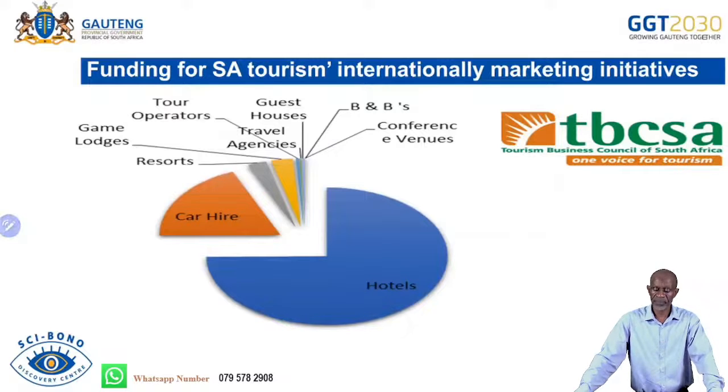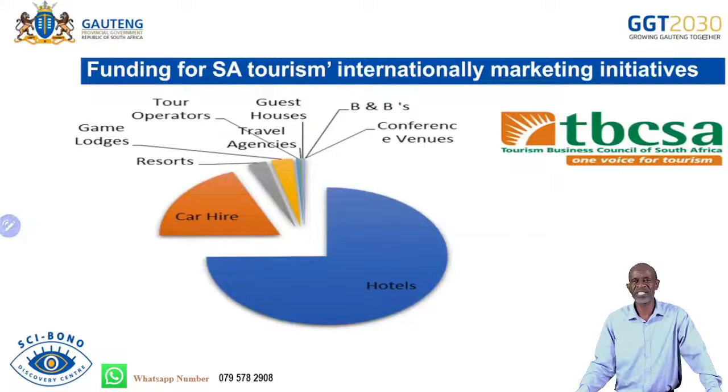And this is the contribution that we get from TBCSA. As you can see from the pie graph, hotel accommodation contributes drastically to the TOMSA.